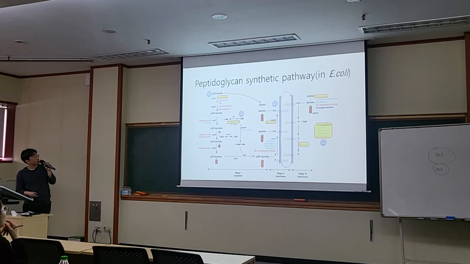And this is the peptidoglycan synthesis pathway in E. coli. You can see NAM and NAG made, and they are targeted by antibiotics. So we will know 3 types of antibiotics in the synthetic pathway.